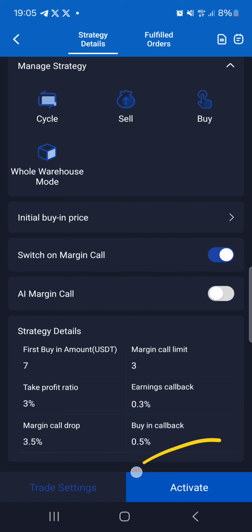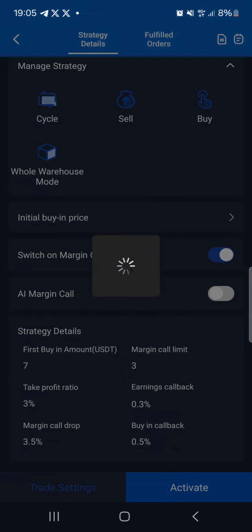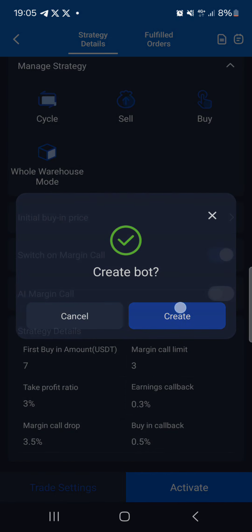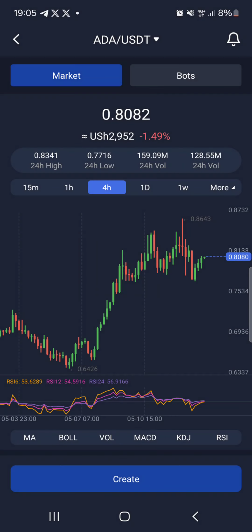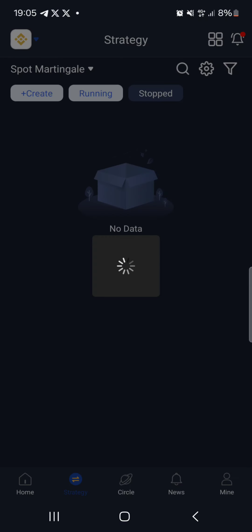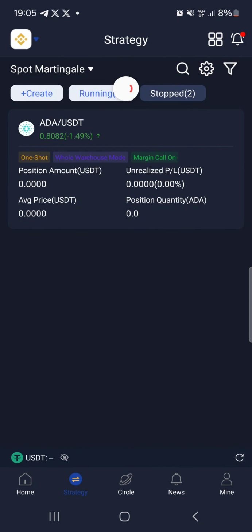And now I am ready to activate my robot. So I will tap on create, and I will tap on create bot. There you have it. The robot is in the market waiting for the purchase to trigger.